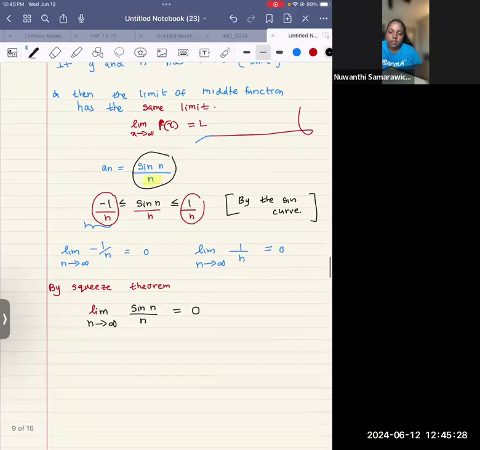So this is convergence. The sequence converges. Therefore, the sequence converges.